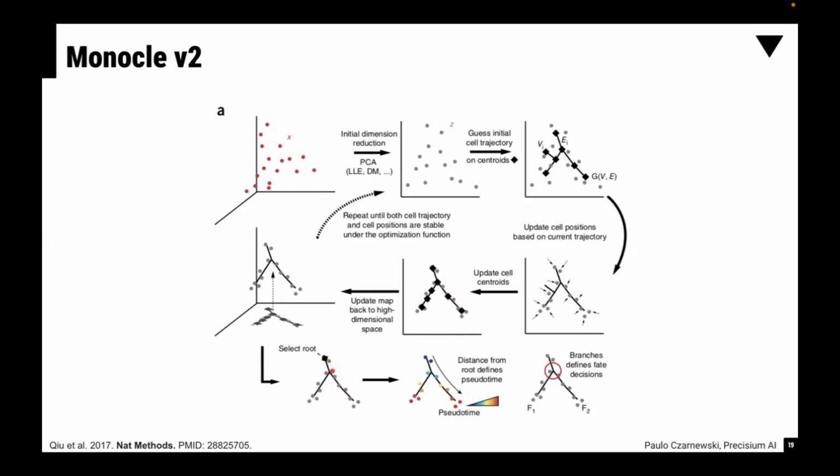These methods cannot do that for you. They cannot identify where to start, at least most of them. And I'll come to tell about a few exceptions on how that can be. Because the algorithms don't know biology, you need to know where to start the trajectory.